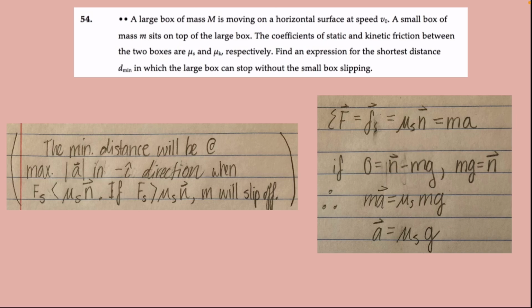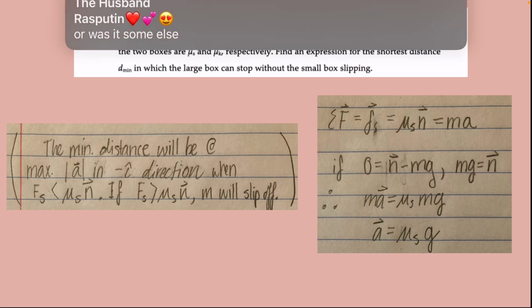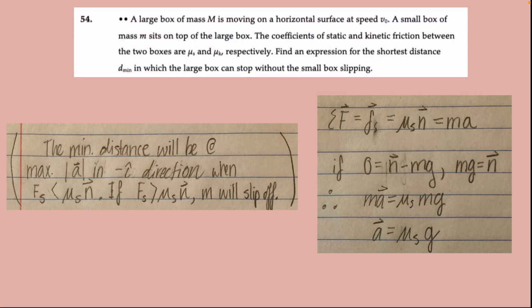There is some maximum magnitude of acceleration, since we're decelerating here, that correlates with a max static friction before the friction converts into kinetic friction, because if the static friction exceeds a certain value, it will no longer be static friction.